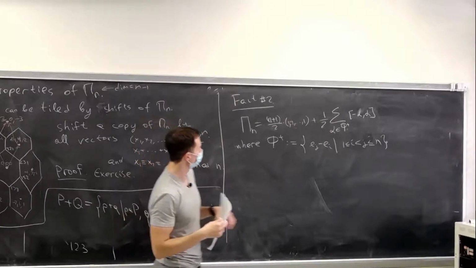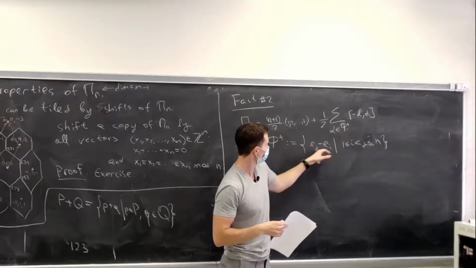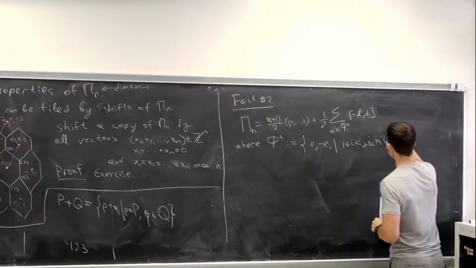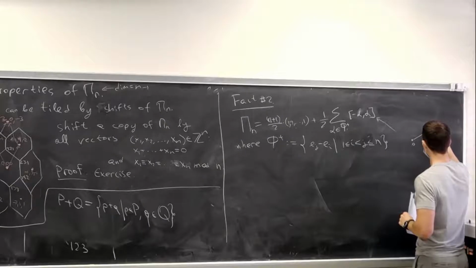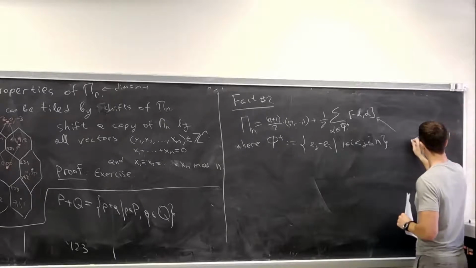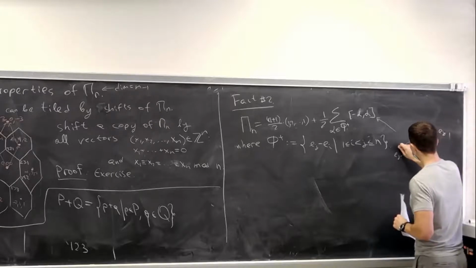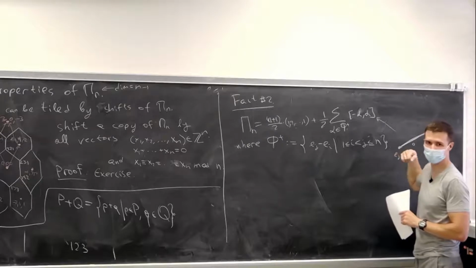So I'm taking all pairs i less than j, and then I'm taking Ej minus Ei. So basically, each of these line segments is, you have the origin, you have Ei minus Ej, you have Ej minus Ei, and then you take that line segment, and you take the Minkowski sum of all of these.